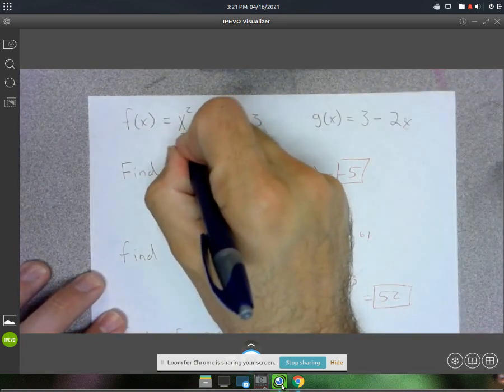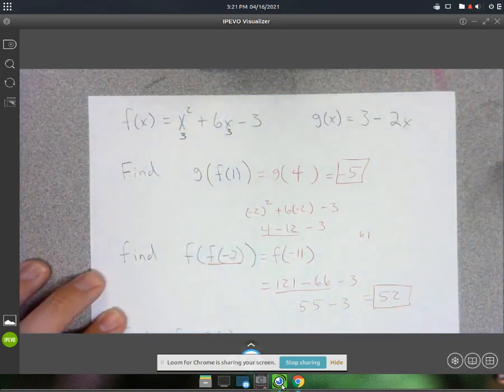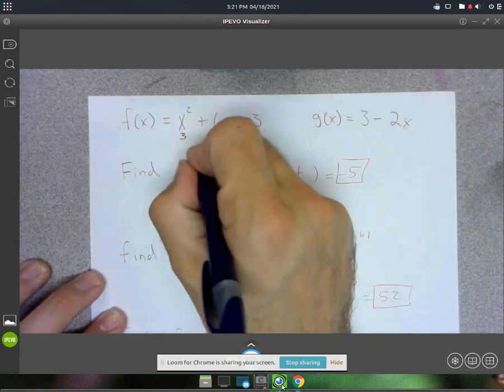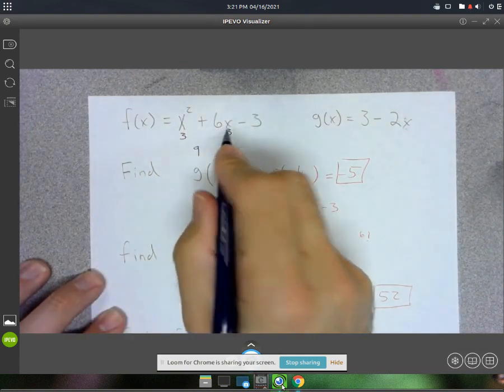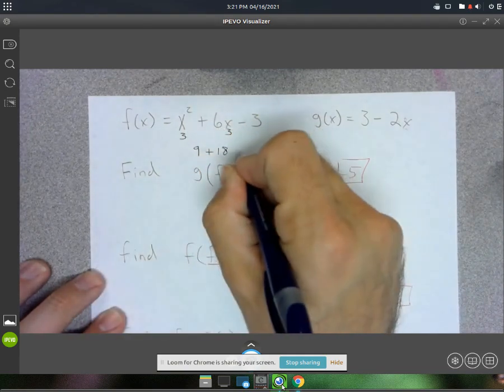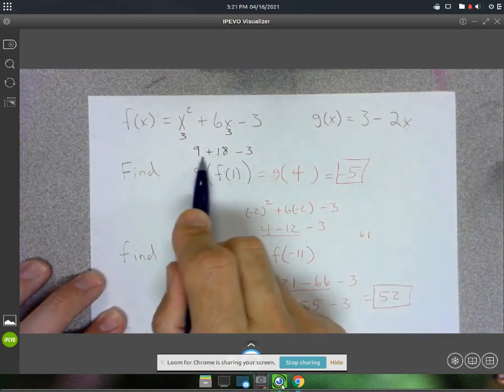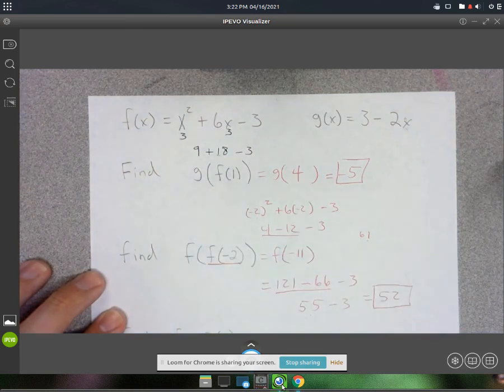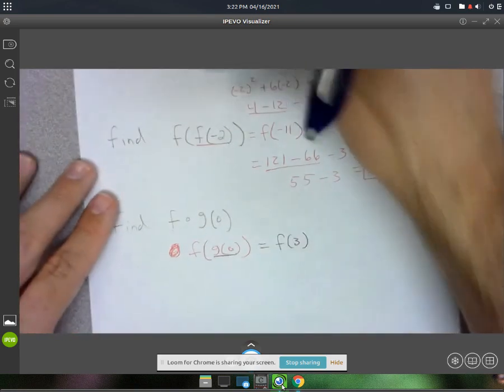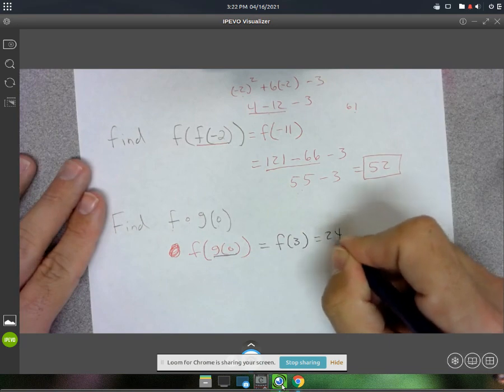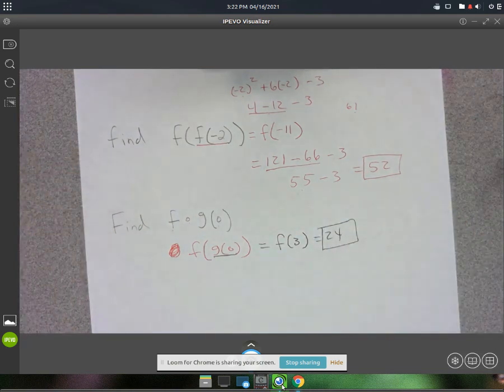I'm going to plug in 3 for these x's here. So 3 squared is 9. 6 times 3 is 18. So I get 9 plus 18, that's 27. And then 27 minus 3 is equal to 24. Okay, that's function composition, just evaluating.